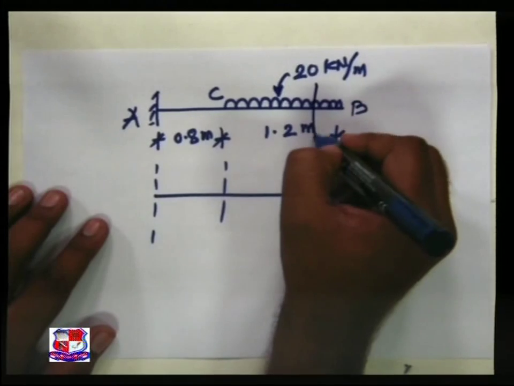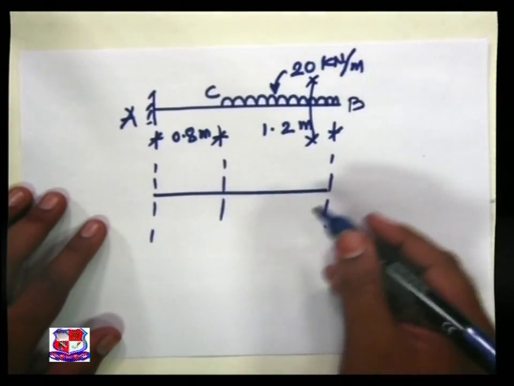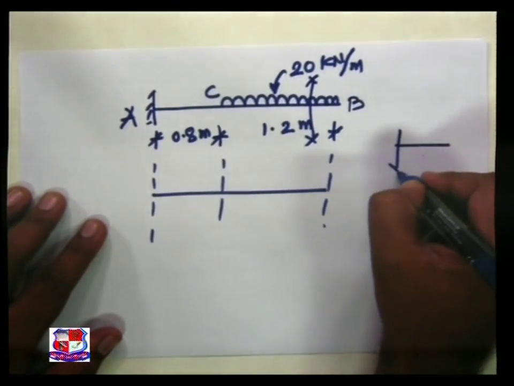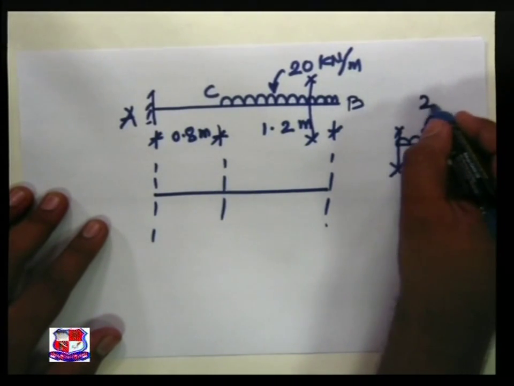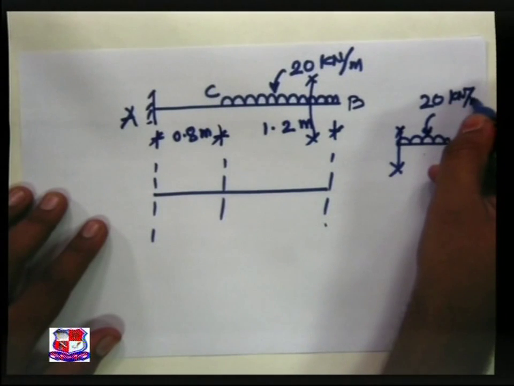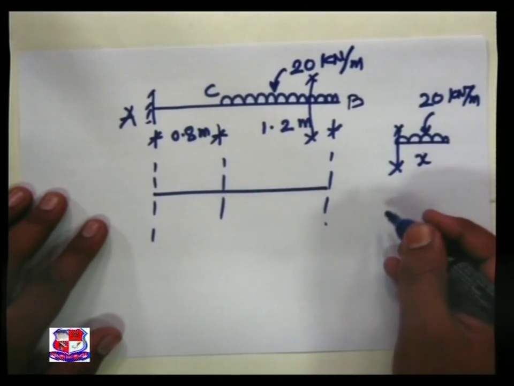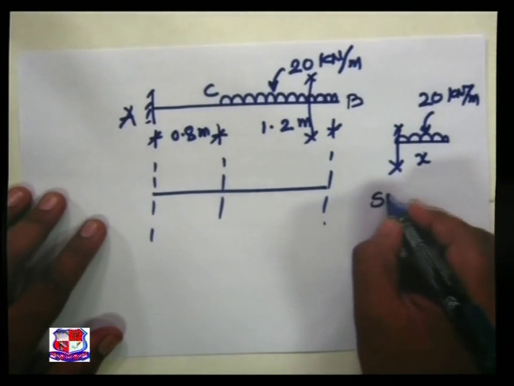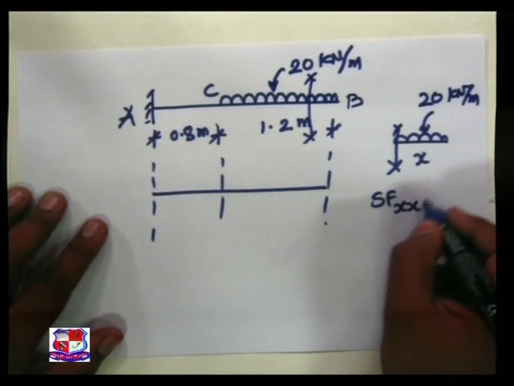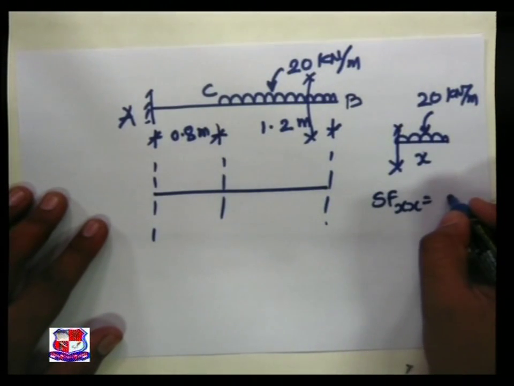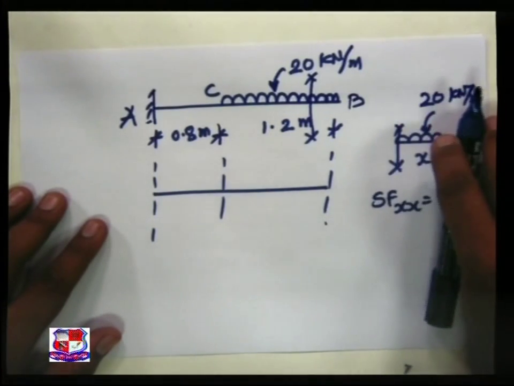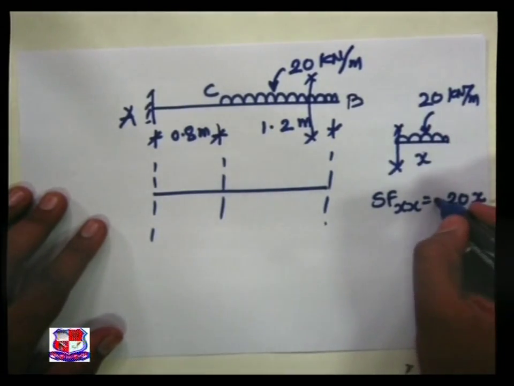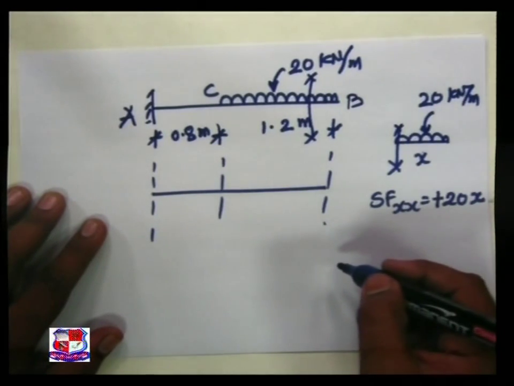Take a section over here, UDL 20 kilonewton per meter, length x. So SF at x is equal to 20 into x, section right downward treated as positive.